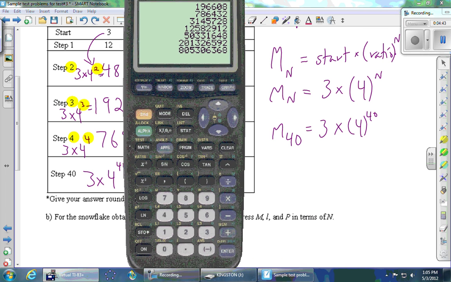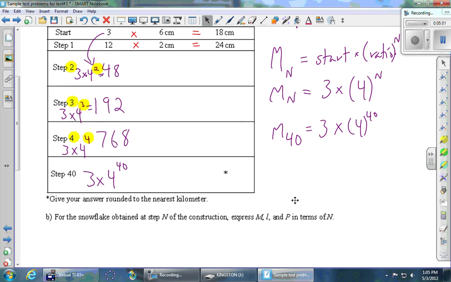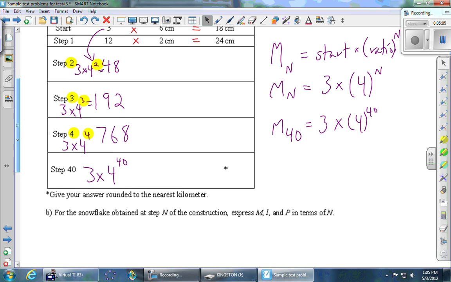And it is the same thing I would get if I hit the enter button enough times here, but who wants to do that? 3 times 4 to the 40th power. Okay, 3.6 times 10 to the 24th. There's a lot of sides on this thing when you get down to step 40. Okay, that's all we need to say about the number of sides.